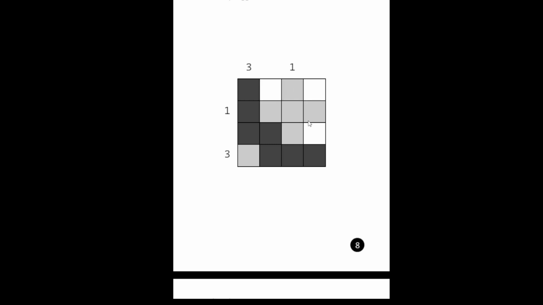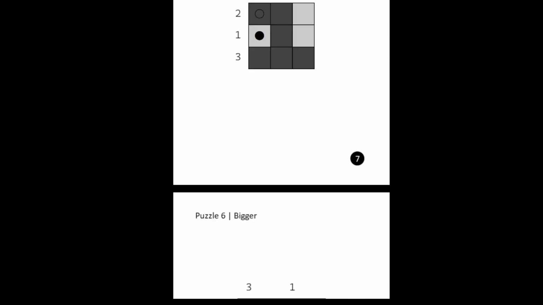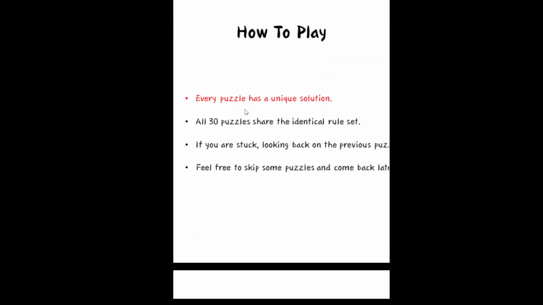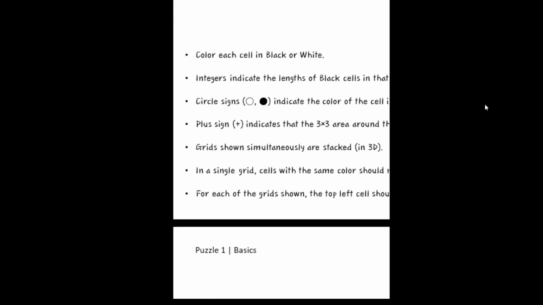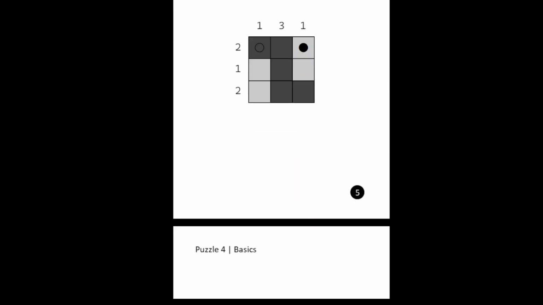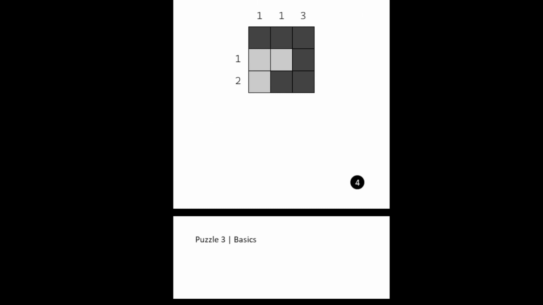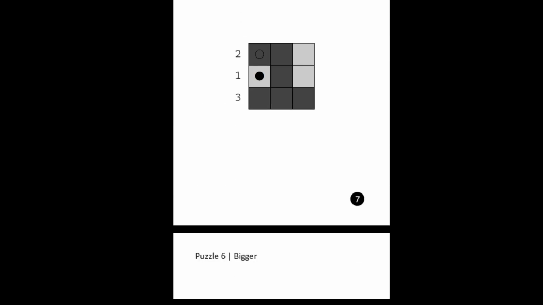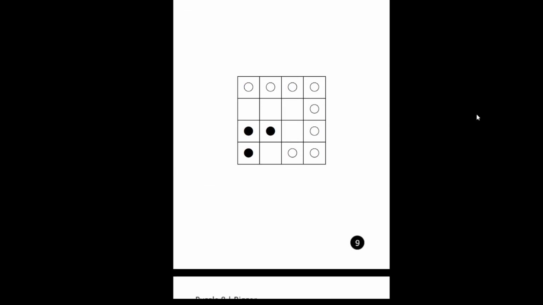No, no, no. This would have to be white in order to make that contiguous. But then how do I know about these? Each puzzle has a unique solution, very important. Okay. I don't know. It does feel like I need to take some notes. But I'm not even sure what notes to take because I don't feel that confident about any of these. So I think we're just going to keep moving on.